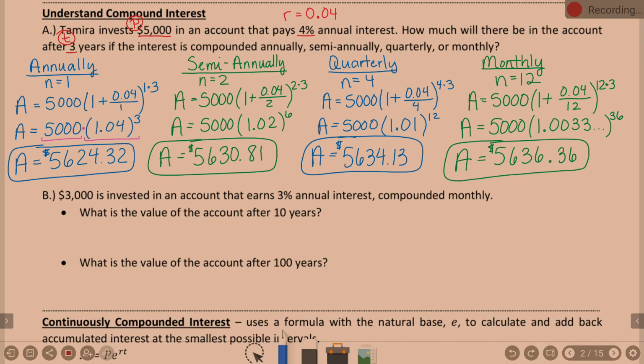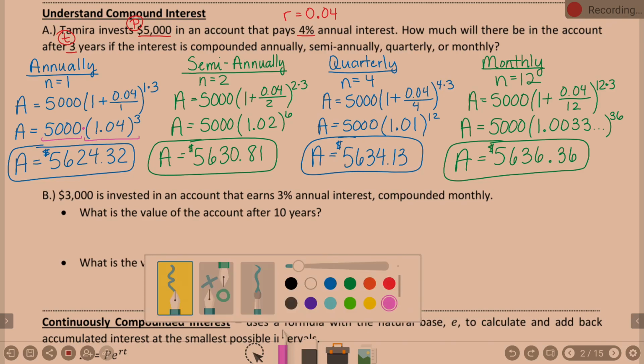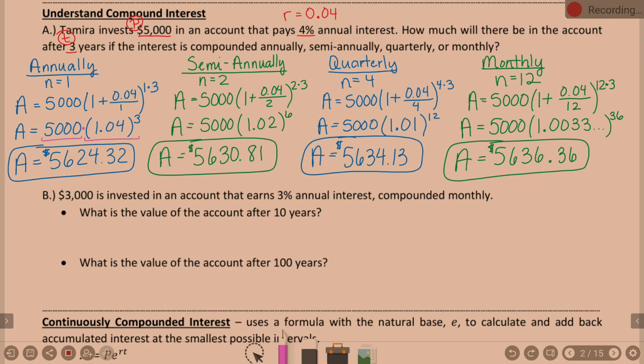Now we're going to talk $3,000 is invested in an account that earns 3% annual interest compounded monthly. What is the value of the account after 10 years? Okay. Tell me some information. What numbers did they give me? 3,000 is my principal.